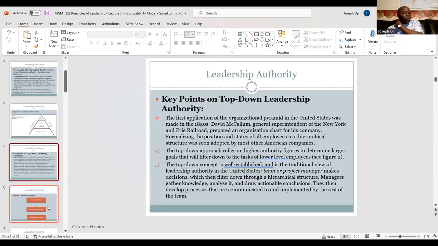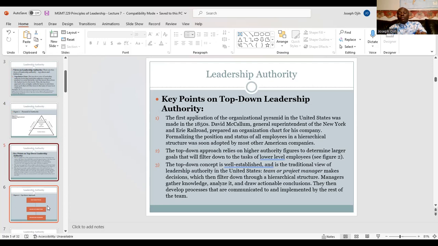There are a few things we need to know about top-down leadership authority. The first is that it was first applied in the United States in the 1850s. There was a man called David McCallum, who was the general superintendent of the New York and Erie Railroads at the time.